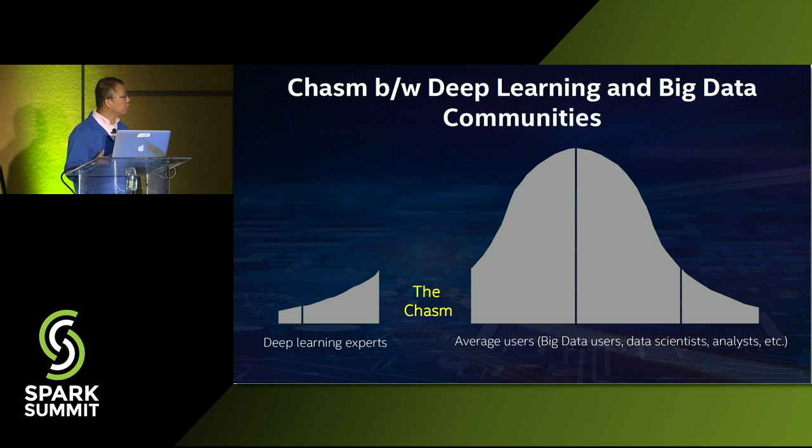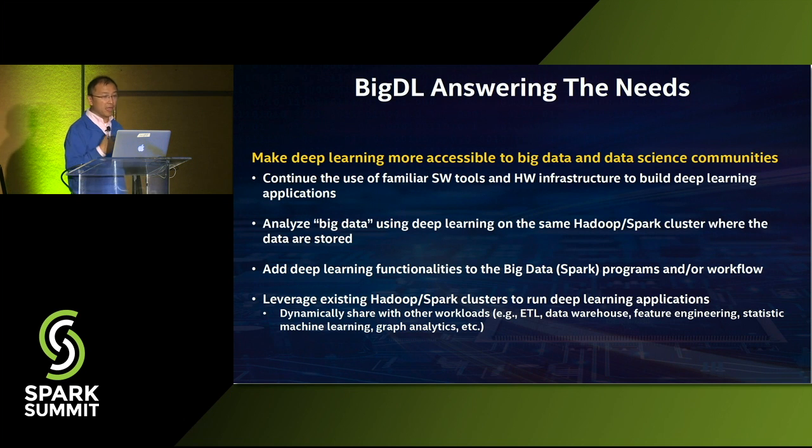What we really want to do is close the gap between the deep learning community and the big data and data science community by, again, making deep learning much easier for them. So our big data users can continue to use the familiar software tools, as well as the existing hardware infrastructure, to build deep learning applications. No specialized software or hardware infrastructure will be needed.